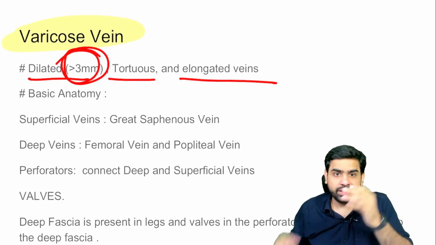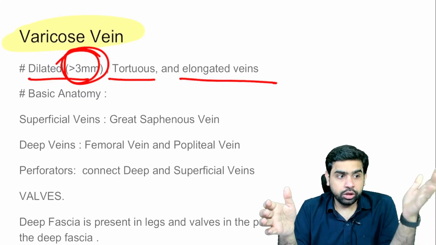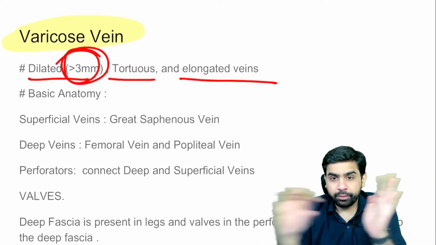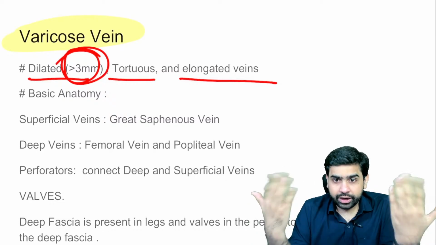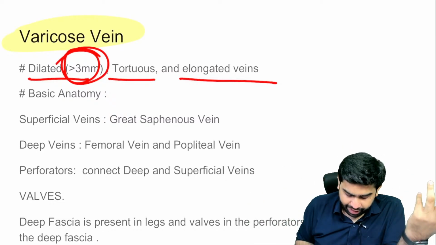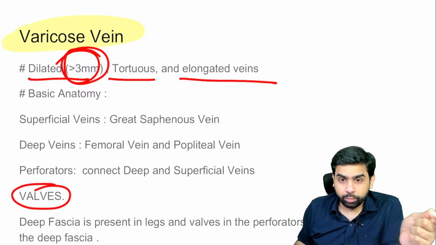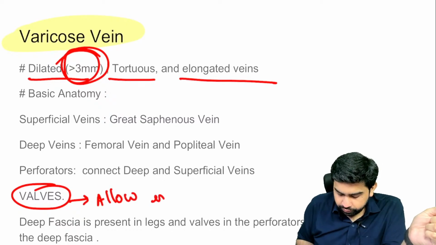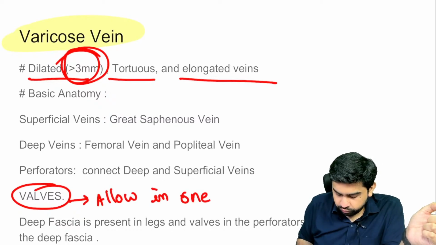Now we need to understand the basics of the anatomy. We have a superficial venous system, we have a deep venous system, and then we have perforators. Inside all these veins, what you have is the valves. What is the characteristic thing about the valves? Valves allow the flow of the blood in one direction itself.